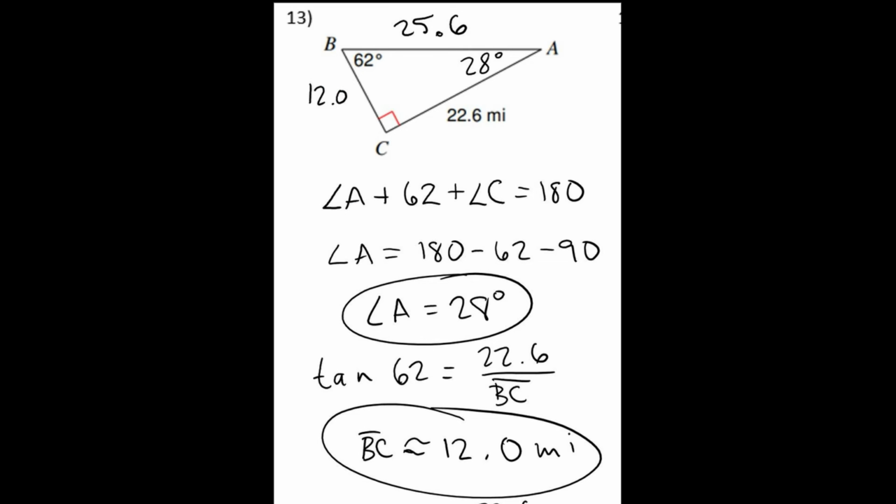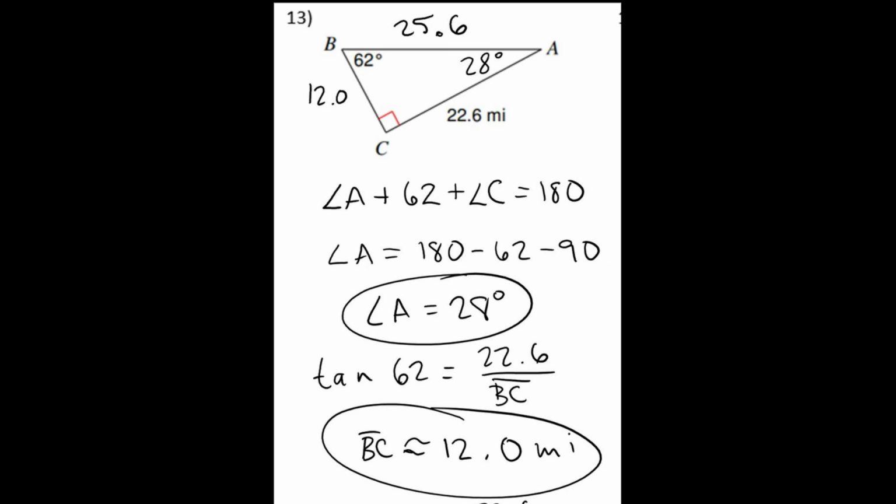Now I have all the angles, so I have to find all the sides. This is super similar to what we were doing on the previous problems. First one, I'm going to use tangent of 62 degrees. They gave me the opposite side, so that's why the 22.6 goes up top. And I'm looking for the adjacent side, which I called BC, like you would in geometry.